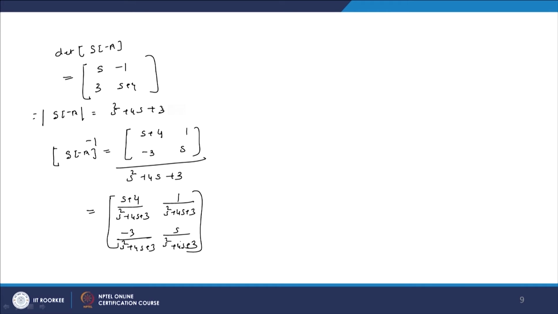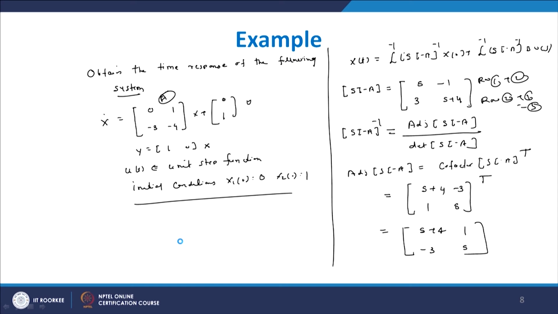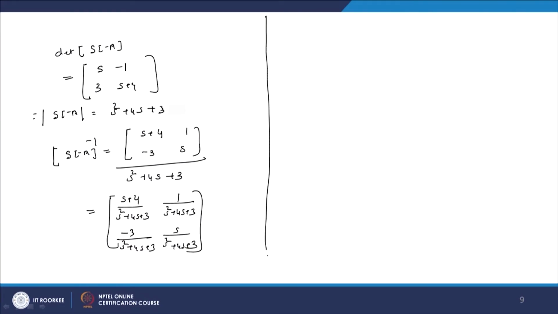Now, our main purpose is to get the Laplace inverse of (sI minus A) inverse x of 0, so we have to use the Laplace inverse of (sI minus A) inverse.